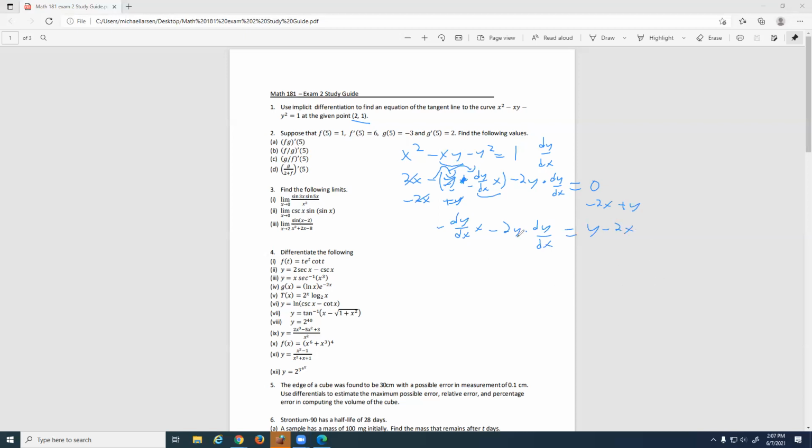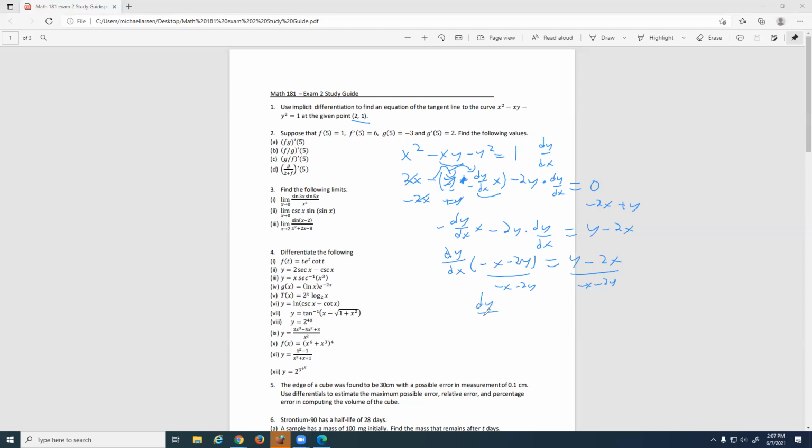All right, and then from there, we can go ahead and factor out a dy/dx. We'll get minus x minus 2y on the inside, and this is equal to y minus 2x. Then we can divide both sides by minus x minus 2y, and that should leave us with our derivative.